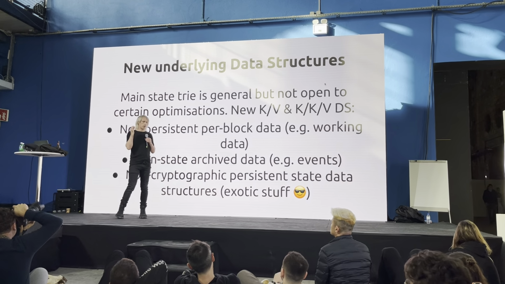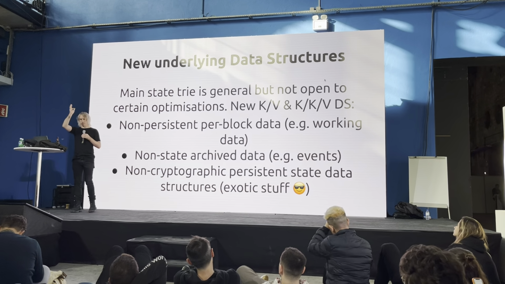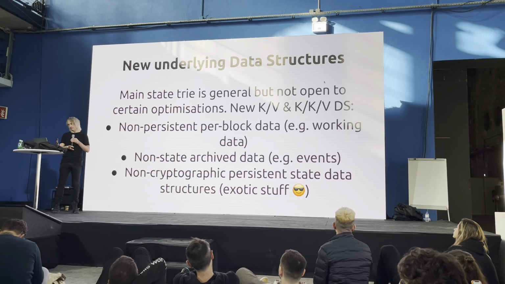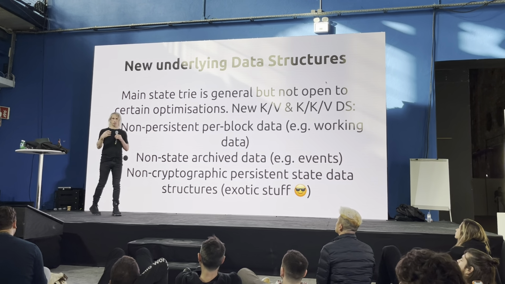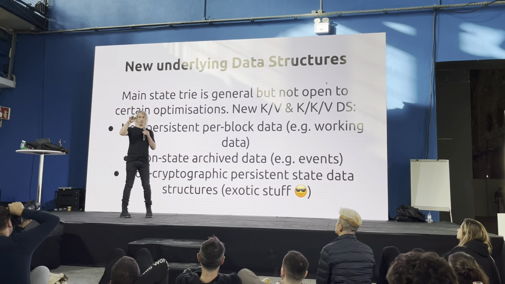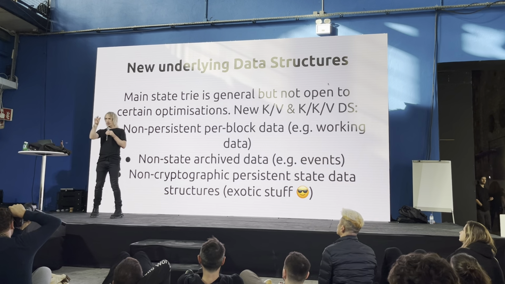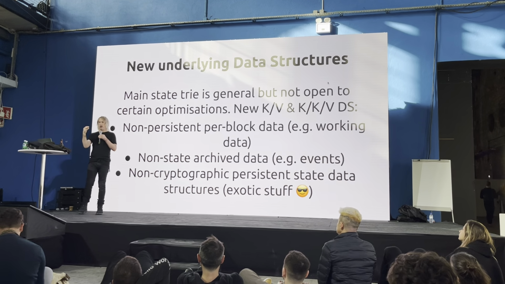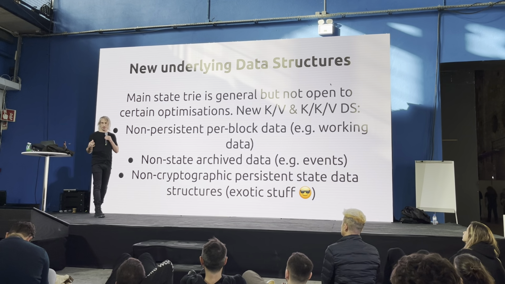Crucially, what is persisted on the underlying disk is a Merkleized structure, right? It's actual crypto nodes. It's chunks of data that form a Merkle tree. It's not the keys and values themselves.